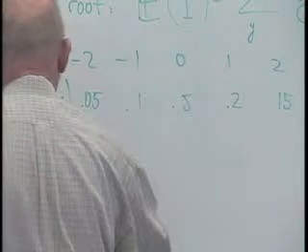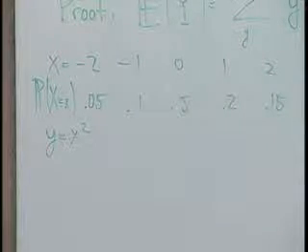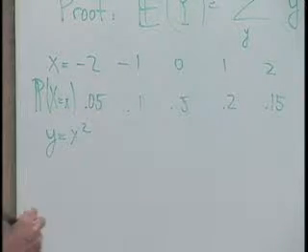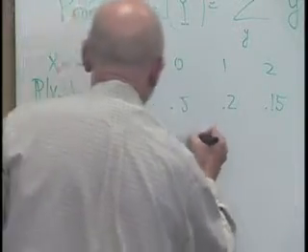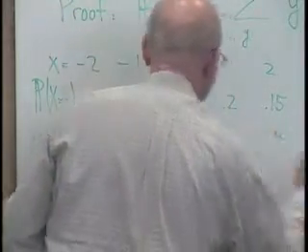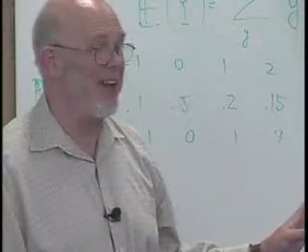Now, g of x is the squaring function. The value of y that arises for each of these is respectively 4, 1, 0, 1, and 4. This might be a measure of how bad a museum guard is at counting.